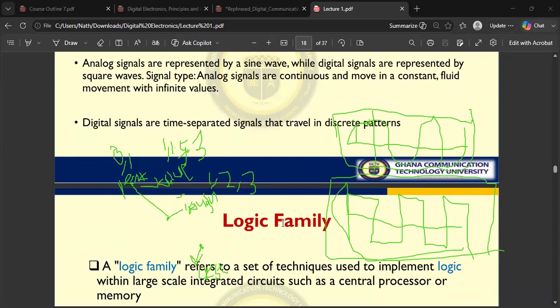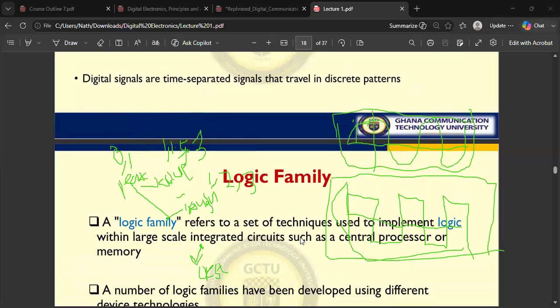There are different types of semiconductor technology. You all know what a semiconductor is: it has properties in between conduction and insulation. So a logic family is a group of digital circuits fabricated by the same semiconductor technology to perform logic operations.